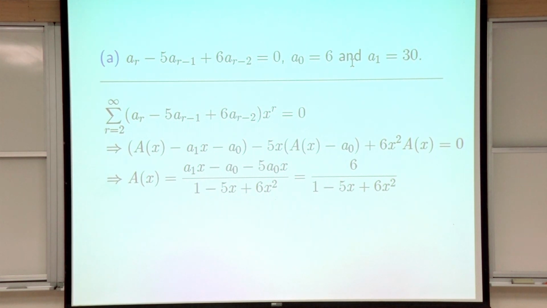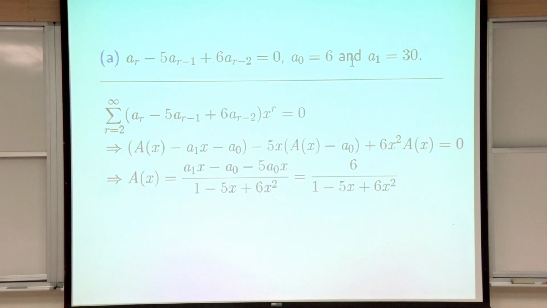And for the next part, we get x squared times 6 times a_(r-2) times x to the power r minus 2. So we get 6x squared times A(x), where A(x) is the generating function we want to find. And simplifying it, we can get A(x) is equal to 1 over 1 minus 5x plus 6x squared.